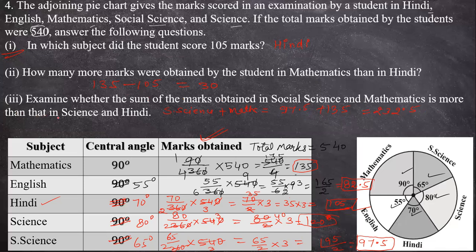Now let's calculate for science and Hindi. In science, the child got 120 marks, and in Hindi 105. So here we got 225 marks. So obviously the child scored more marks in social science and mathematics as compared to science and Hindi. I hope this question number 4 is clear to you.